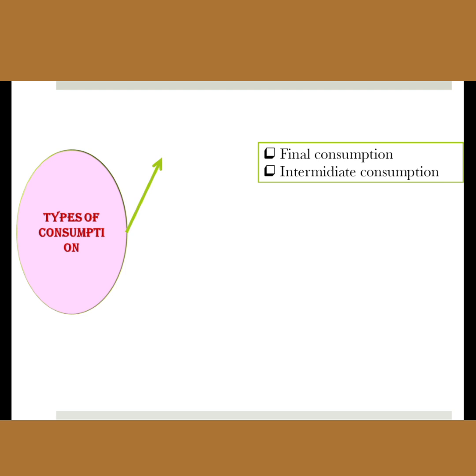We can also distinguish between different types of consumption depending principally on three criteria. First of all, depending on the purpose of the consumption, we can distinguish between final consumption and intermediate consumption. Generally, final consumption is considered for households, and intermediate consumption is for production.